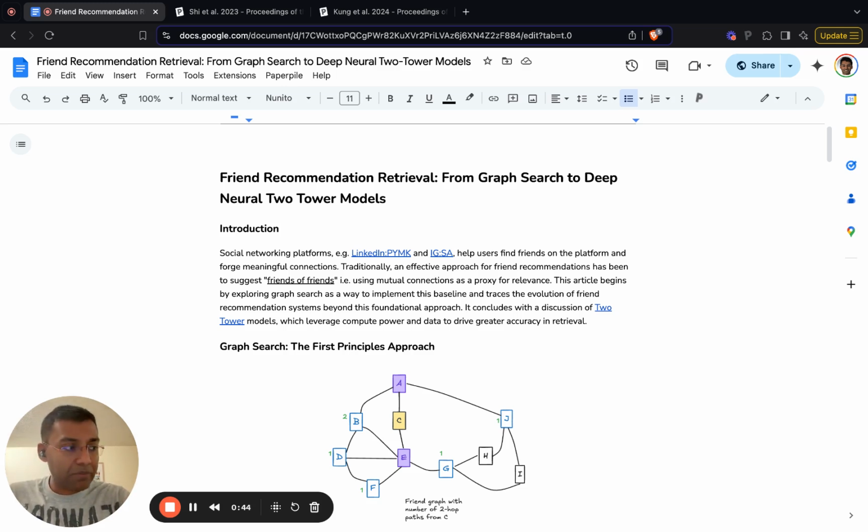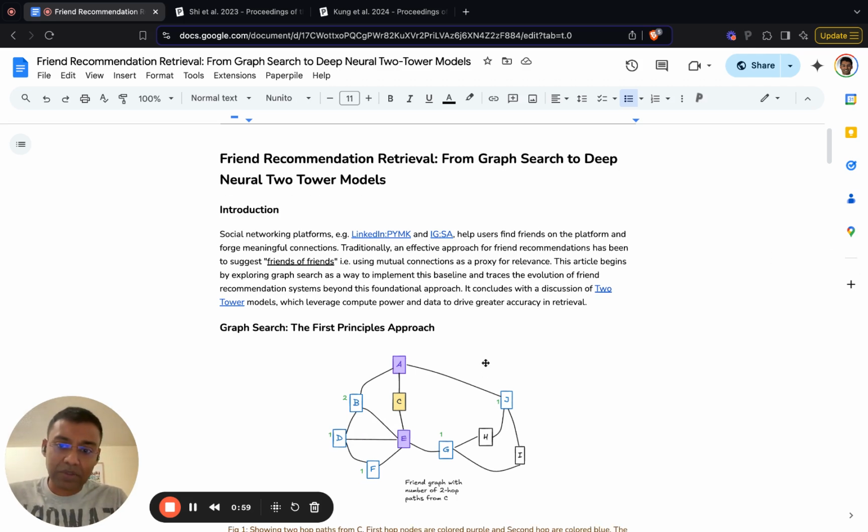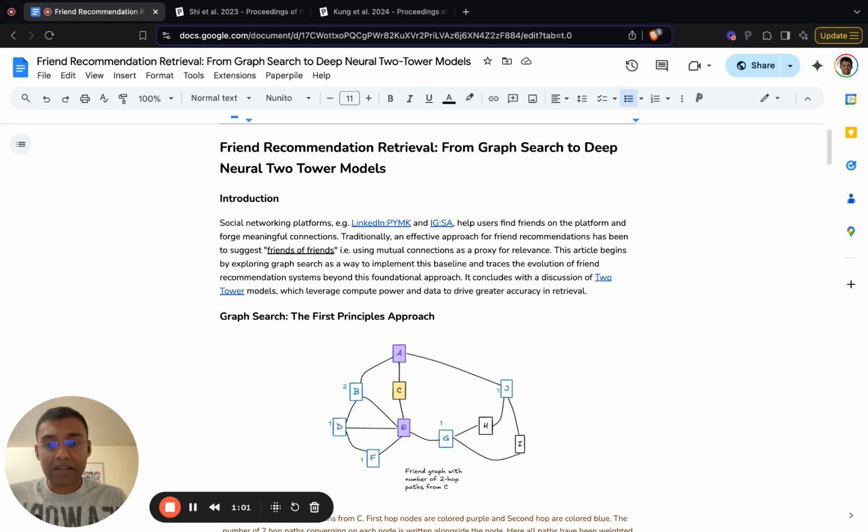But I think it's not far-fetched to understand that a certain network size will help derive more from the social network. So yeah, with that context, today we'll look at some approaches for friend recommendation retrieval. We'll start with some baselines, and then we'll move on to more state of the art.